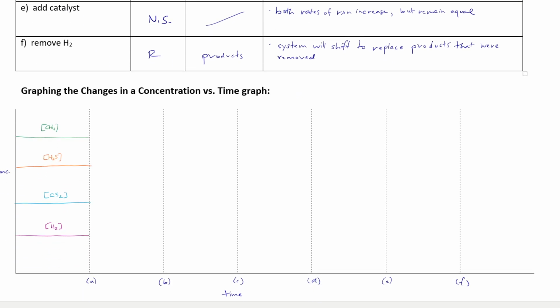So I then draw the concentration of CH4 increasing and then stabilizing over time. And H2S will increase and stabilize over time. We'll go back to a constant concentration. And because the system shifted left, the products were used to make that shift, and so they decrease in concentration.